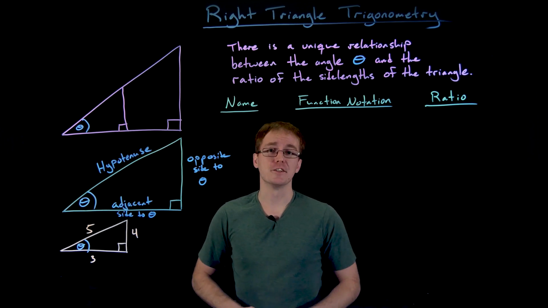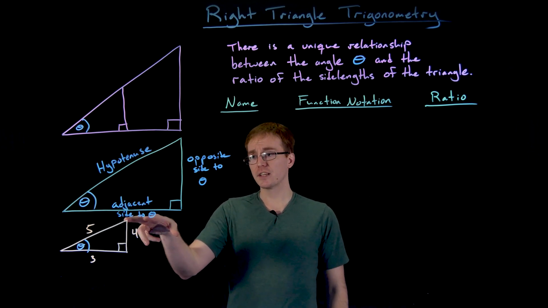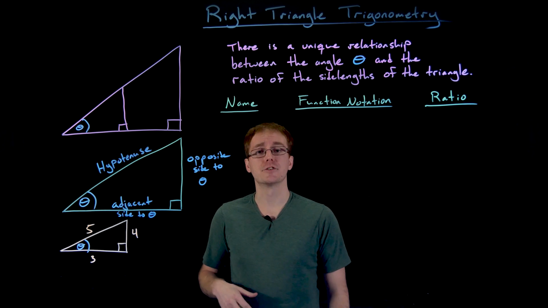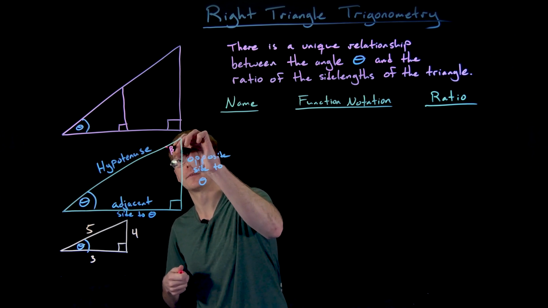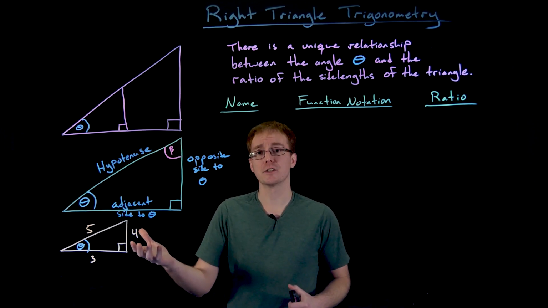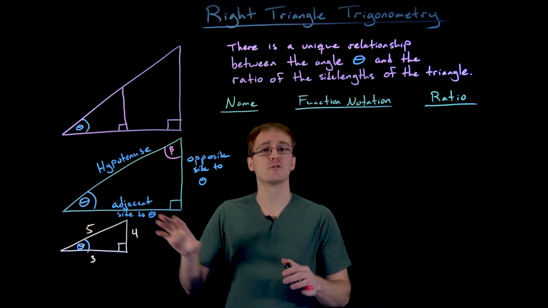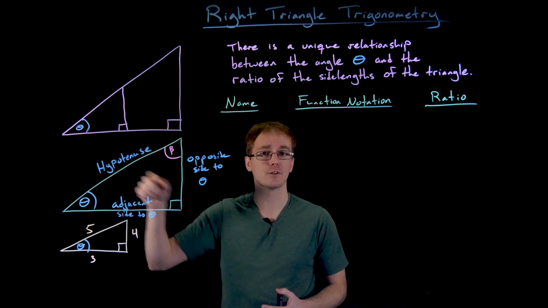One last thing to note before we jump into these definitions I've been talking about for a while now is that these side lengths are labeled with respect to our angle theta. So if we're working with this angle up here, maybe let's just call it beta, then we're still going to be talking about our upcoming trig functions for this angle beta instead of theta. And we'll have to relabel our triangle a little bit. The hypotenuse will stay the same. That is still the longest side length.